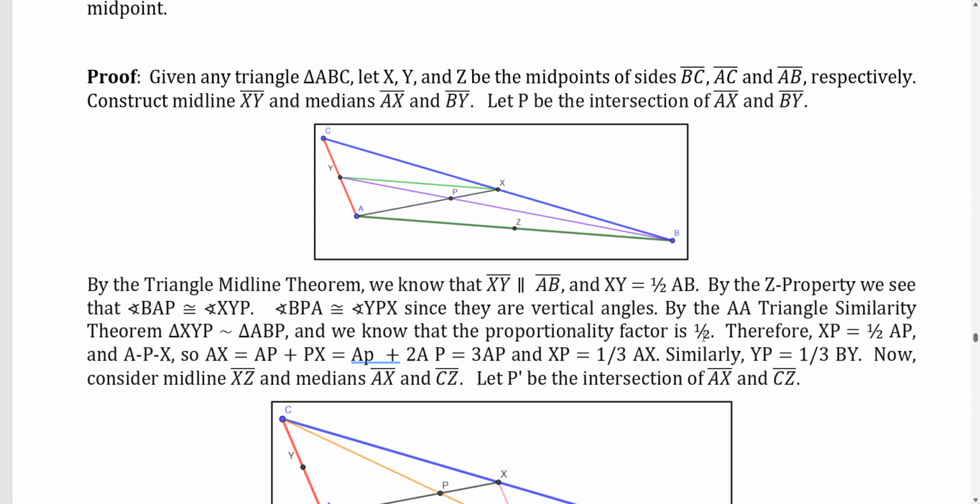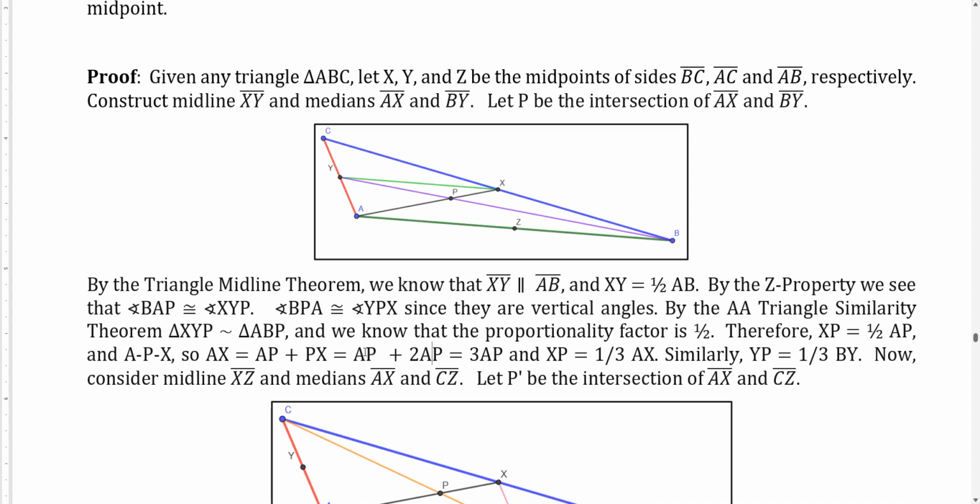Okay, so therefore we know that XP is 1/2 of AP, but we also know that P is between A and X. So AX is AP plus PX. But now PX is, let's see, PX is, I said this wrong.